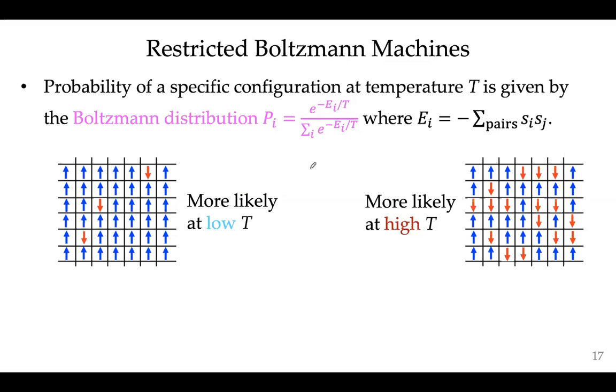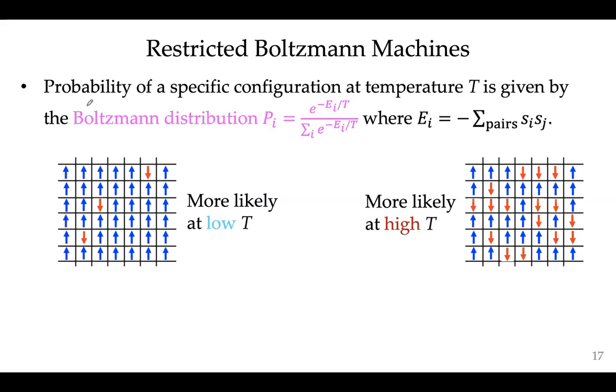Okay, so let's move to restricted Boltzmann machines. But before that, let me talk about the concept of probability in statistical mechanics. Let's say the question is, at a given temperature, how probable is this configuration? How do you quantify this?